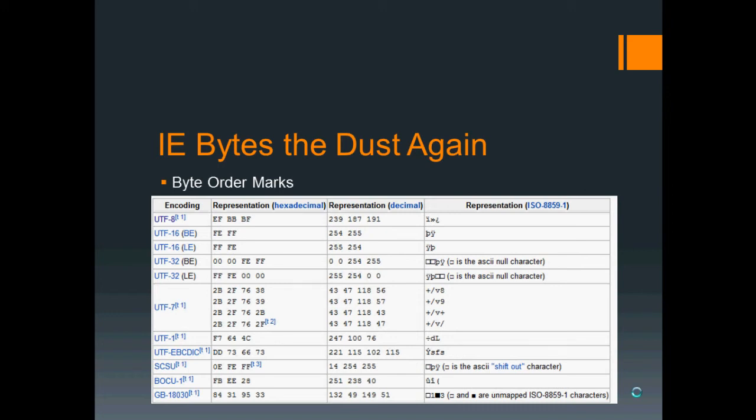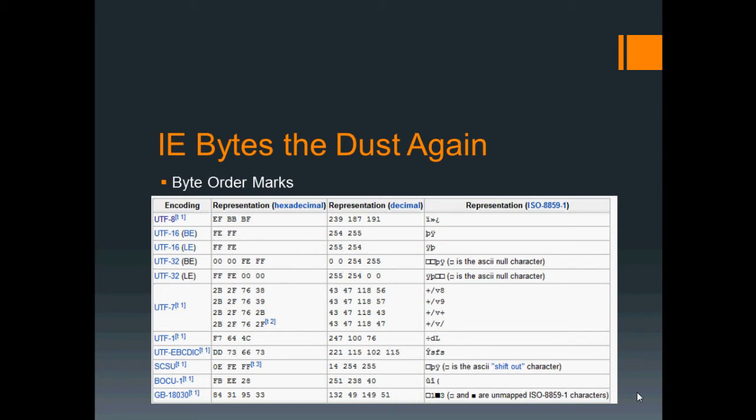So IE has another little fun thing it does with character sets. It gives precedence to byte order marks, which are just bytes of data at the beginning of text files to tell it what type of encoding you use. And because these take precedence, sometimes these can cause errors.